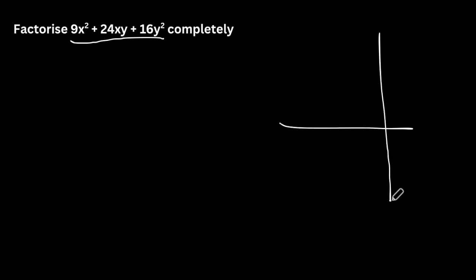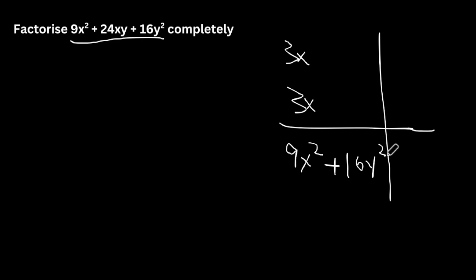This is the table that you have to draw. 9x squared: 3x times 3x gives you 9x squared. And put your 16y squared here. And put your 24xy here.